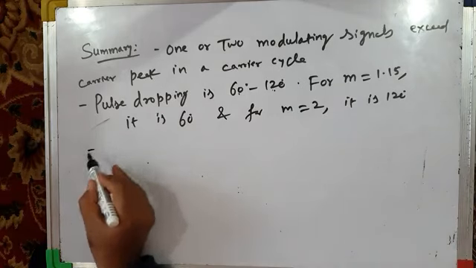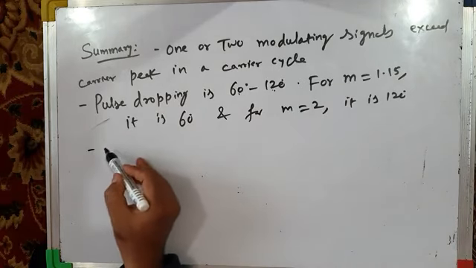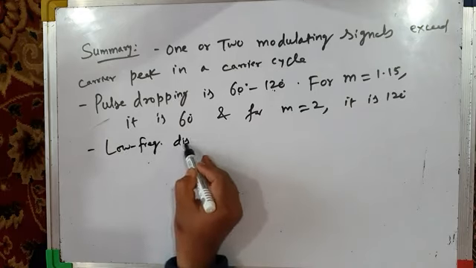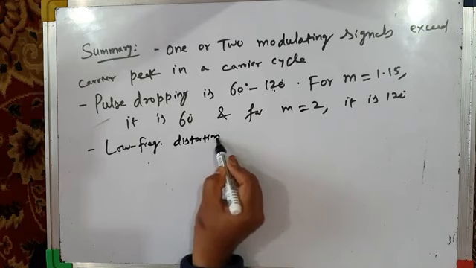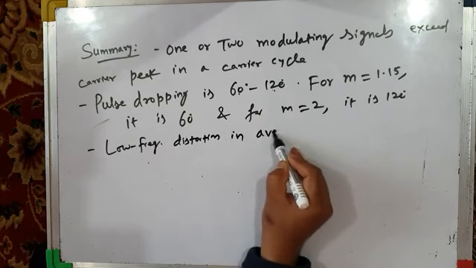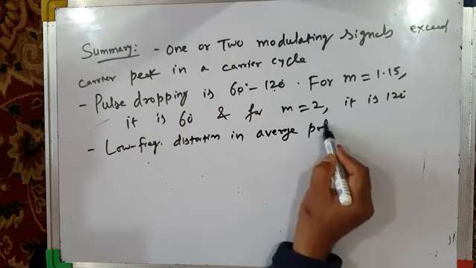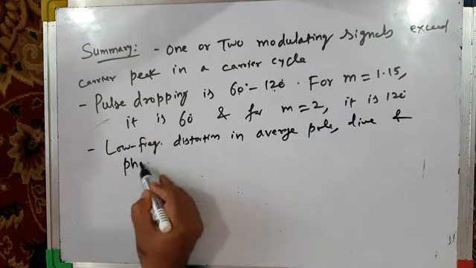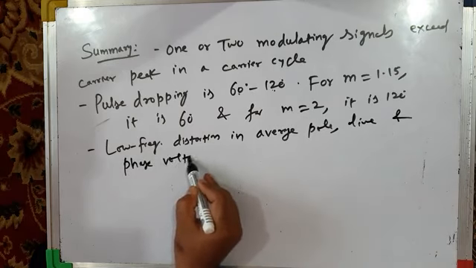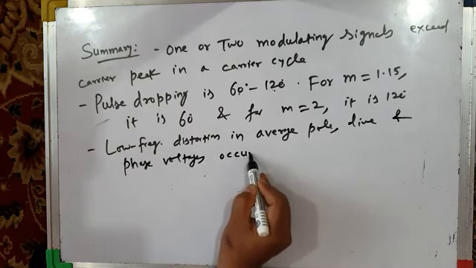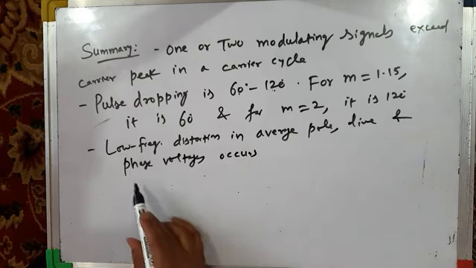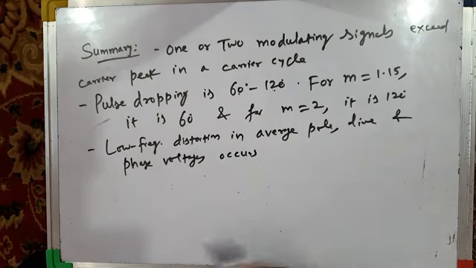And then the third important point is that low frequency distortion in average pole, line and phase voltages occurs. We have seen that because of pulse dropping, the average pole voltages, average line voltages and average phase voltages have low frequency distortion. Okay.